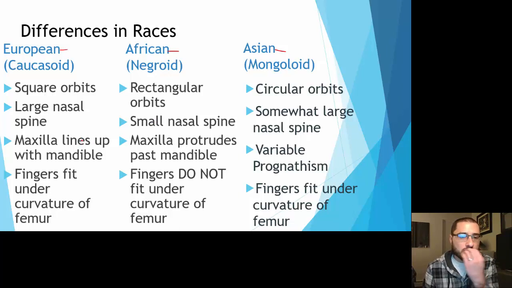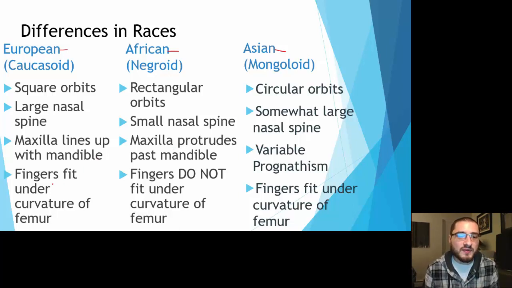The maxilla, or the upper jawbone, lines up with the mandible, and then you're going to see that in African ancestry, the maxilla is going to protrude past the mandible, and in Asian ancestry, there's going to be a variable between this prognathism.